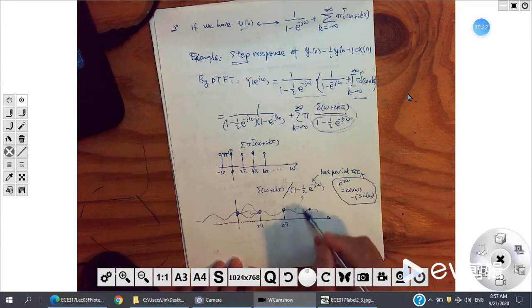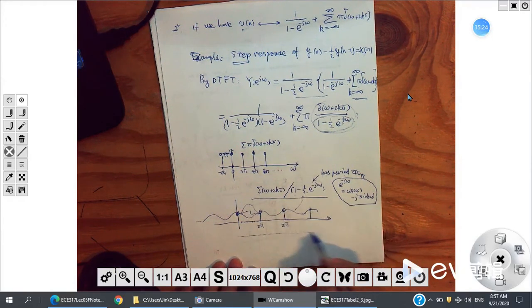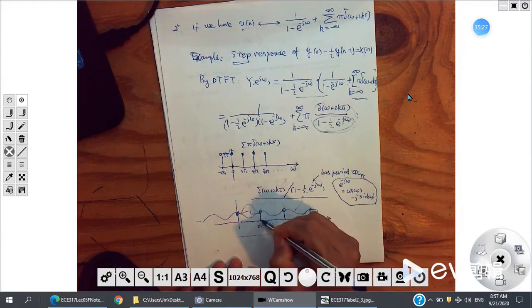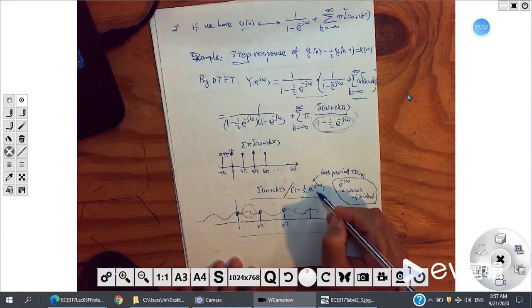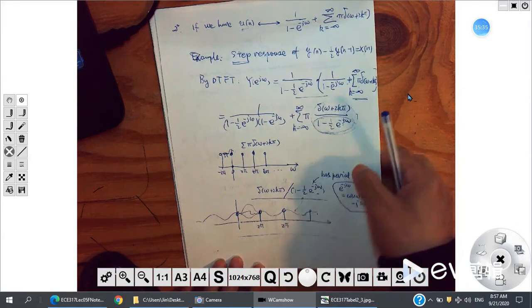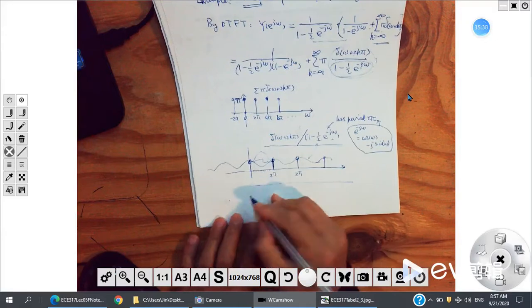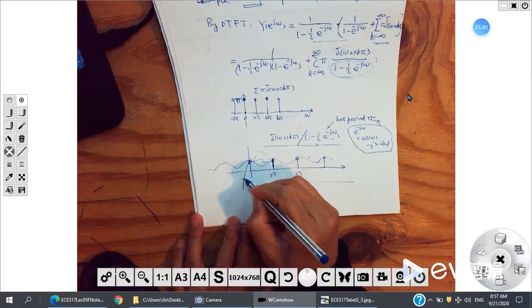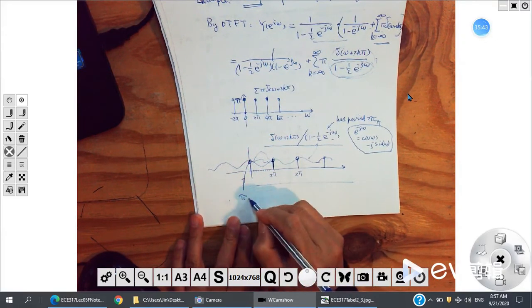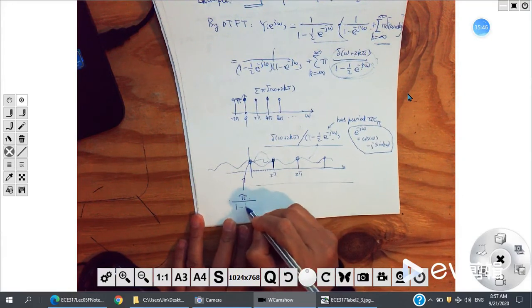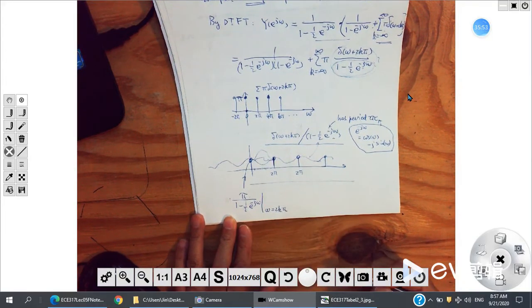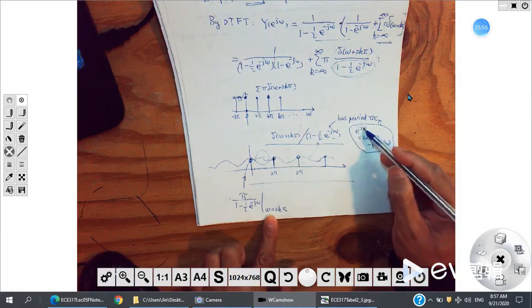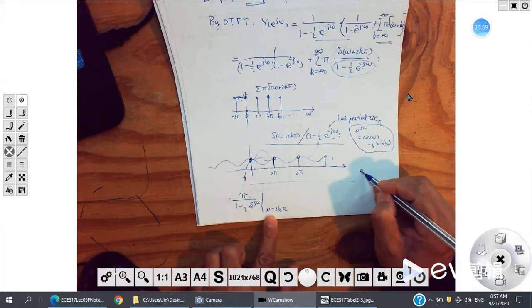Okay, so you see, this one is also a sequence of impulses, but here it's not times pi, here it's pi over this, and the peak value will be pi over 1 minus 1/2 e to the negative j omega, where omega is 2k pi. When omega is 2k pi, what is e to the negative j omega?